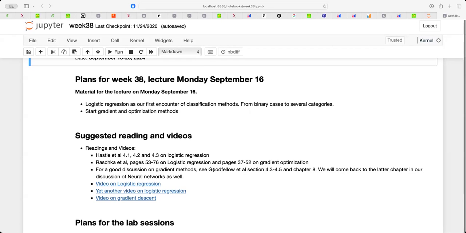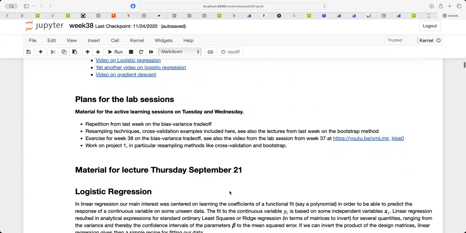And the plan for the lab sessions, as you probably have seen: we are going to work on the bias-variance tradeoff, which you will need to implement in the project. And we are going to look at one method which is widely used for resampling of the data, called k-fold cross-validation. So we will dedicate some time in the beginning of the lab sessions, as usual, on that.